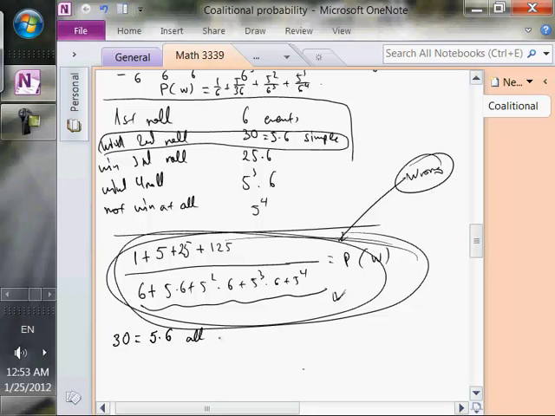These are all simple events, where in the first roll we roll 1 to 5, and in the second roll, since we plan to win in the second roll, we roll everything, 1 to 6.